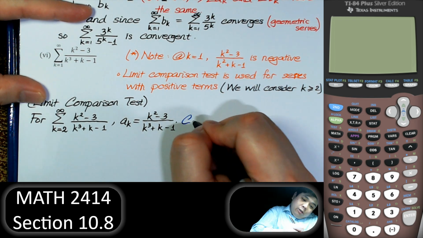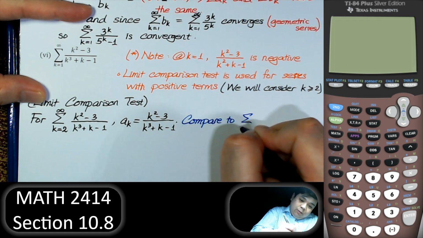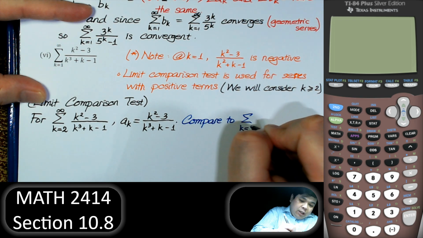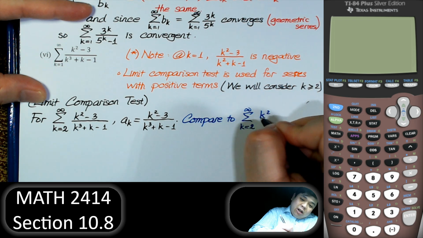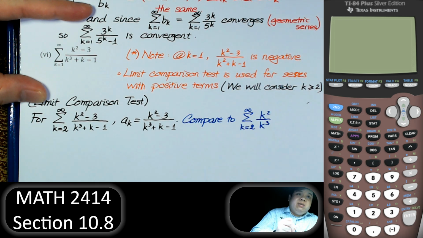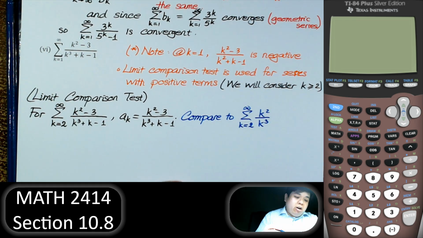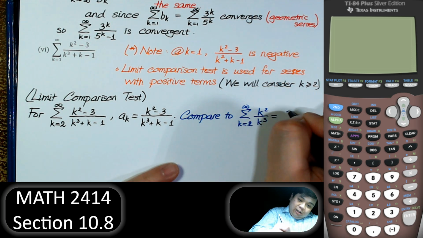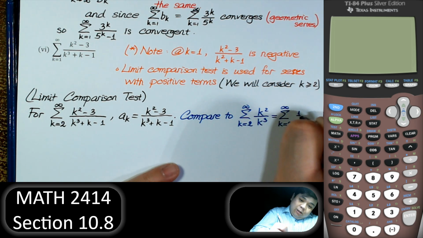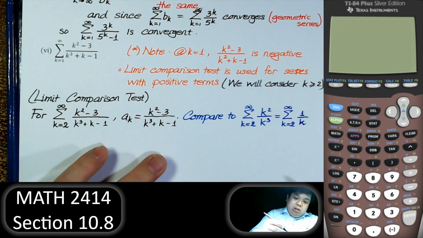We'll compare to just that highest power term on the top, highest power term at the bottom, or the highest ranking term on the top, highest ranking term on the bottom, and then that cancels out, just 1 over k. That's what we let b of k equal to.